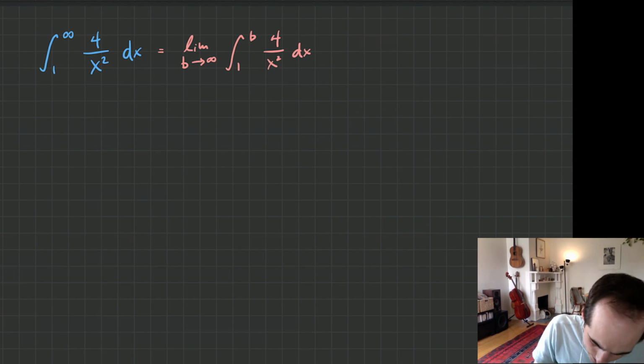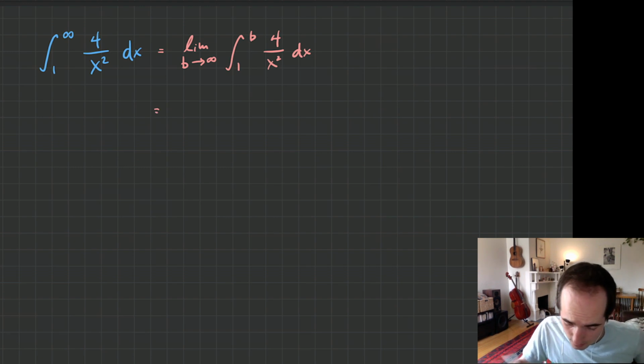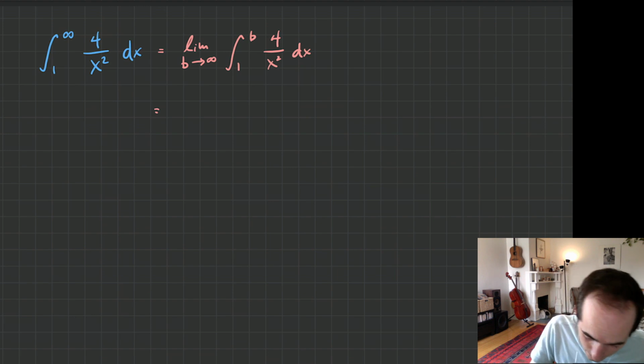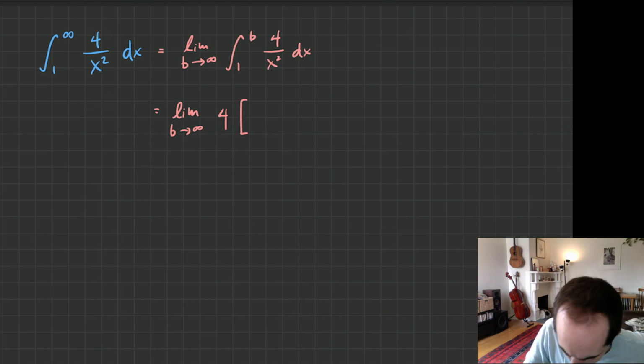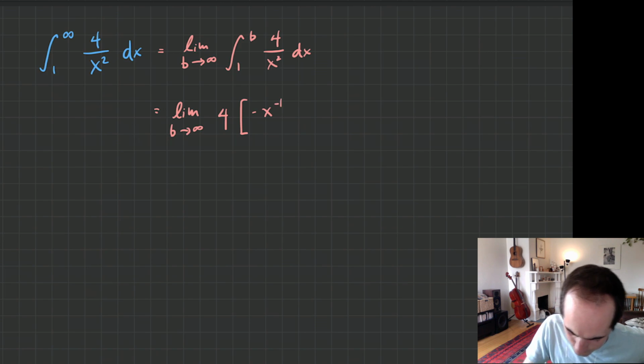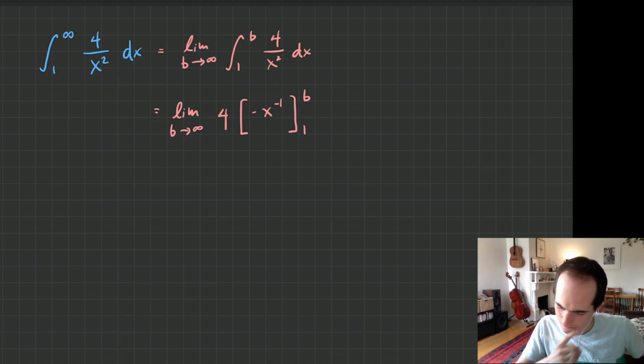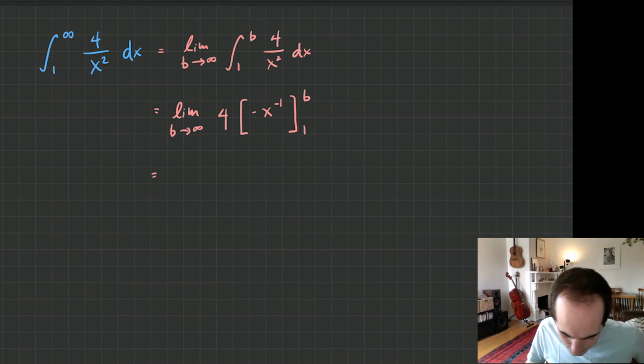So let's integrate this, and we already found the antiderivative of this, right? So I'm just going to copy that down. So I've got the limit as b goes to infinity of 4 times negative x to the negative 1, and we're going from 1 to b. Okay, so let's evaluate this.